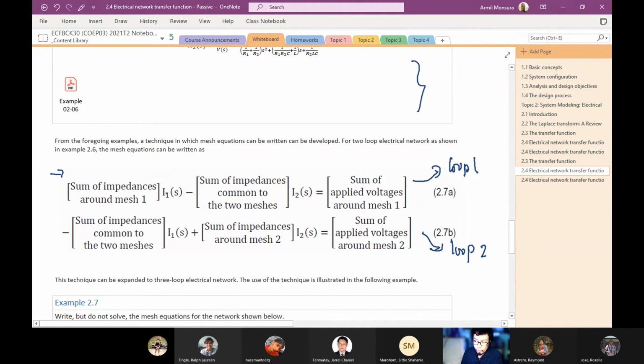Again, kung I1 yung nasa loop 1, yung impedances na dadaanan ng current na to is considered positive. While these other impedances is assigned as negative. Actually, all other impedances na may ko-consider nyo should be negative.